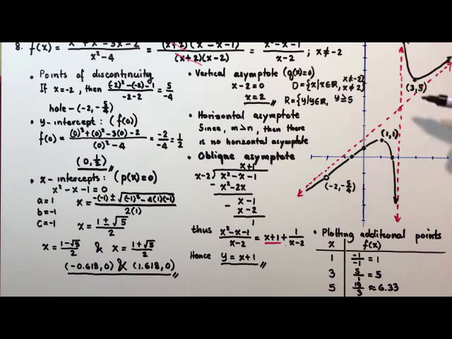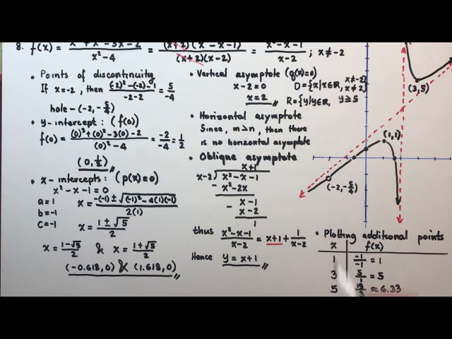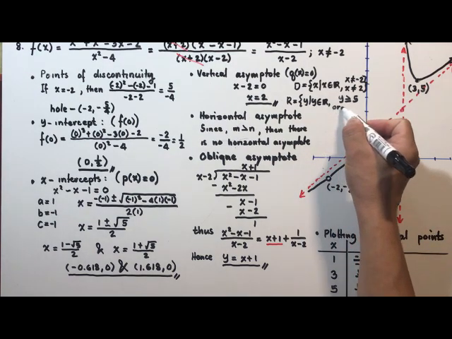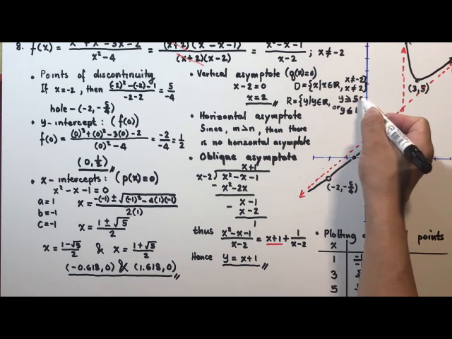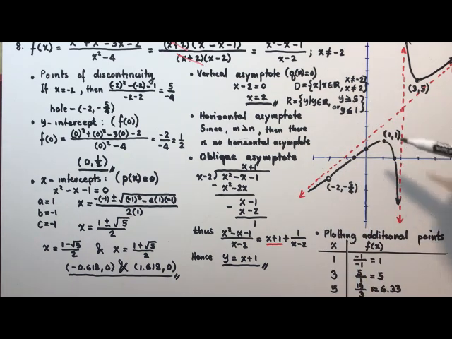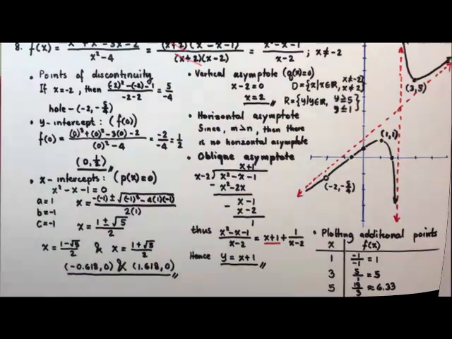There is no graph below 5, but there is a graph from 1 and below. So y is also less than or equal to 1. So the function cannot be found above 1 and below 5.